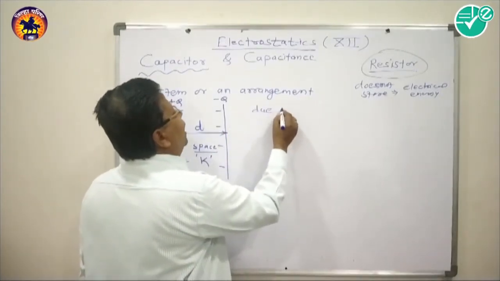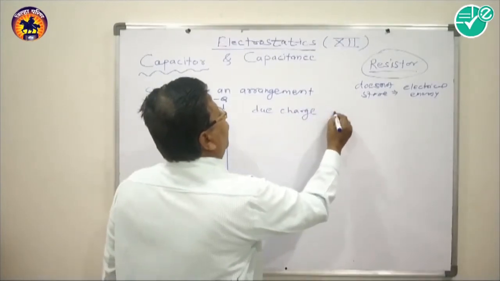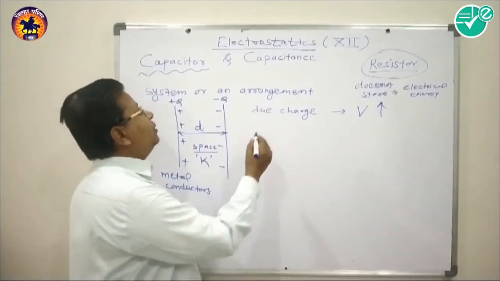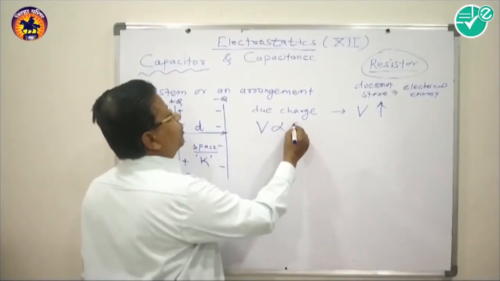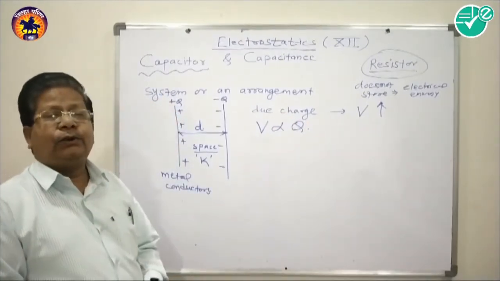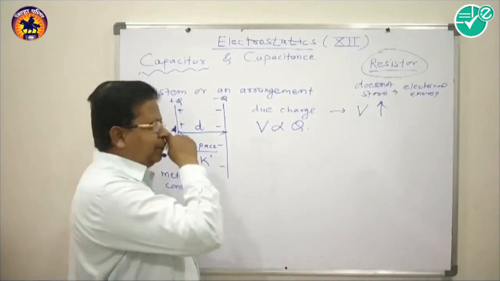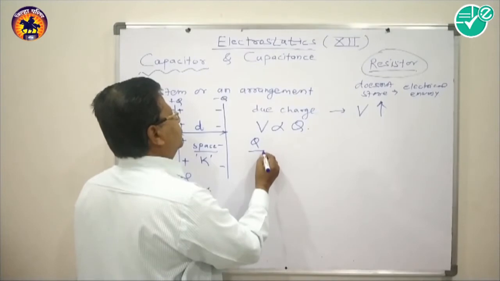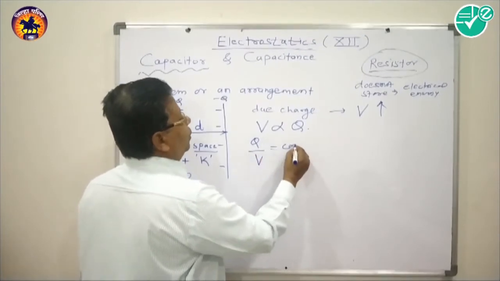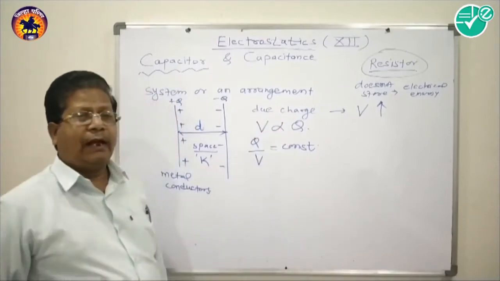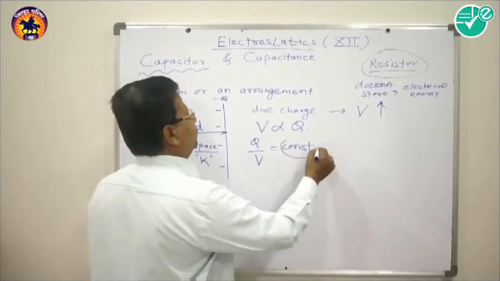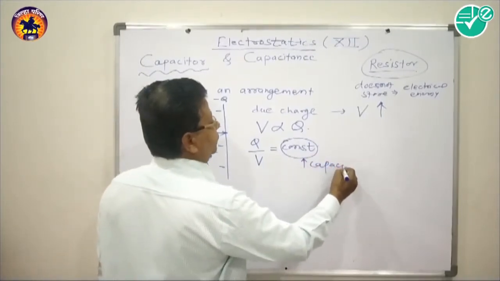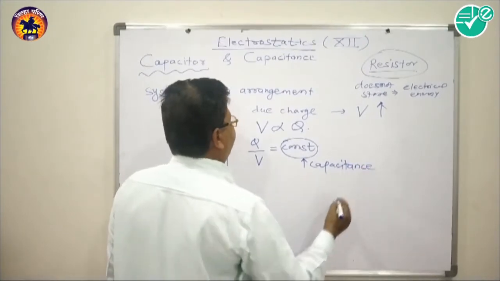So due to charge, potential goes on increasing, and this potential is directly proportional to the magnitude of the charge, and therefore we write Q by V is equal to constant, and this constant of proportionality is called the capacitance of a capacitor.